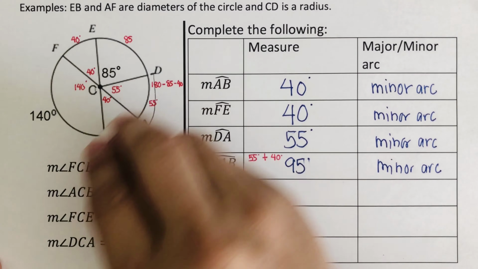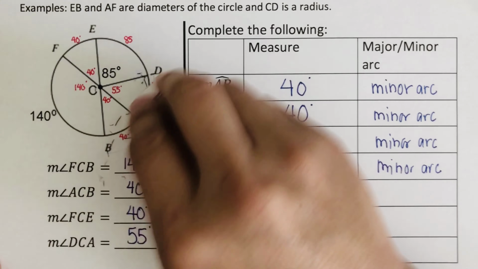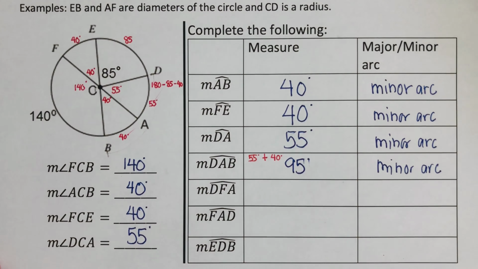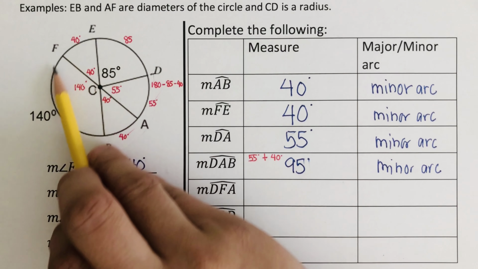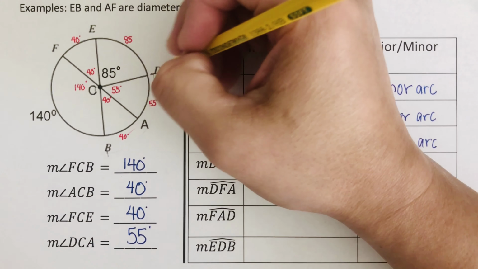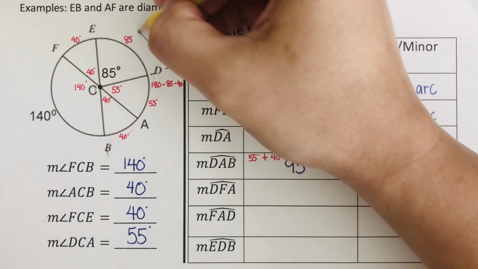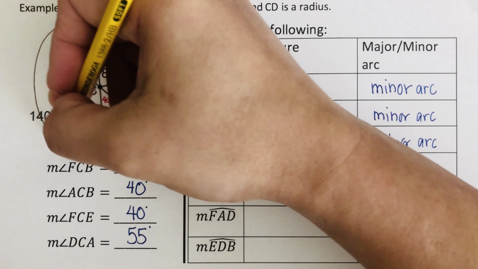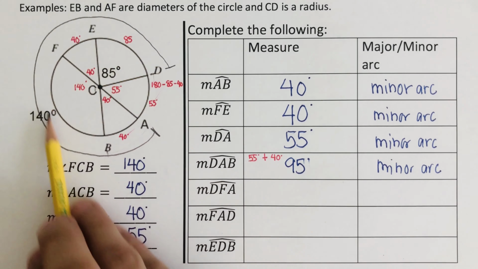Let me erase this part here so that we can start over with the rest of the arcs. So we have arc DFA. We start from D, then we go to F, and then we stop on A. So this is arc DFA.